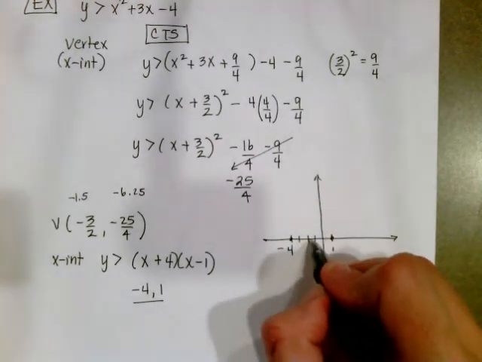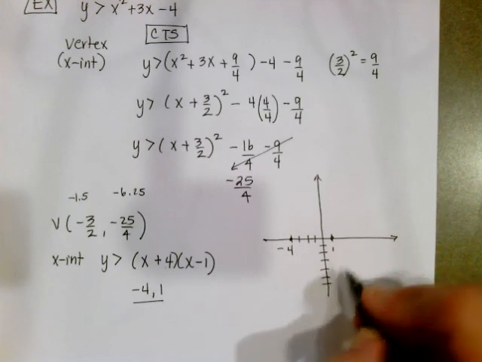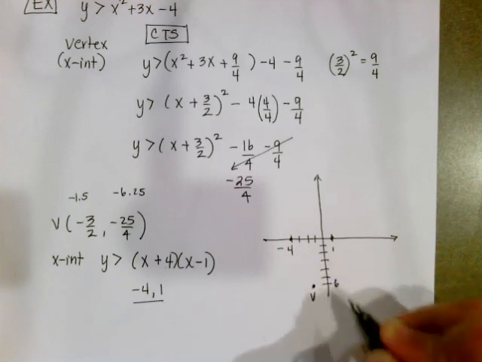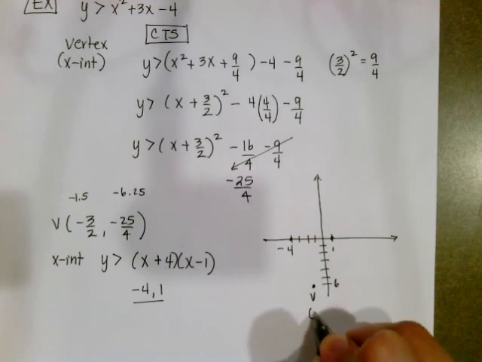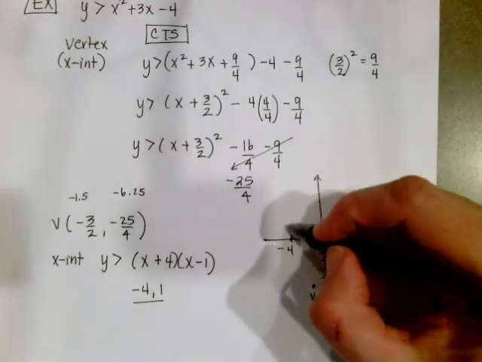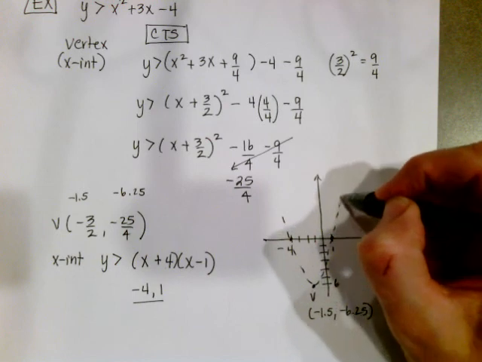My vertex is at a negative 1.5, negative 1, 2, 3, 4, 5, 6, and a smidge. So there's my vertex, and that one has coordinates of negative 1.5 and negative 6.25. I know that my inequality says greater than, not equal to, so that means that my line is going to be dashed. So I'm going to draw my dashed line.